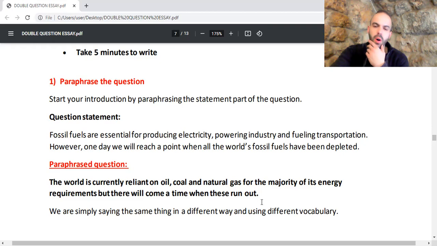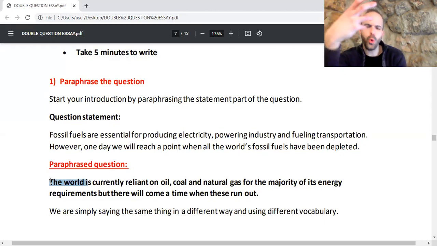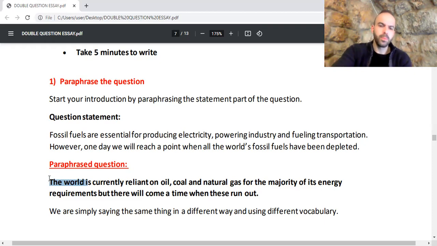Let's focus on the words that we actually changed in here. So as you can see, we've added the world. You are allowed to add some words when you are paraphrasing, as long as it's not changing the overall topic. So you can mention the world or people, workplace, whatever. You can mention any words if you want. So as you can see, it says reliant on.